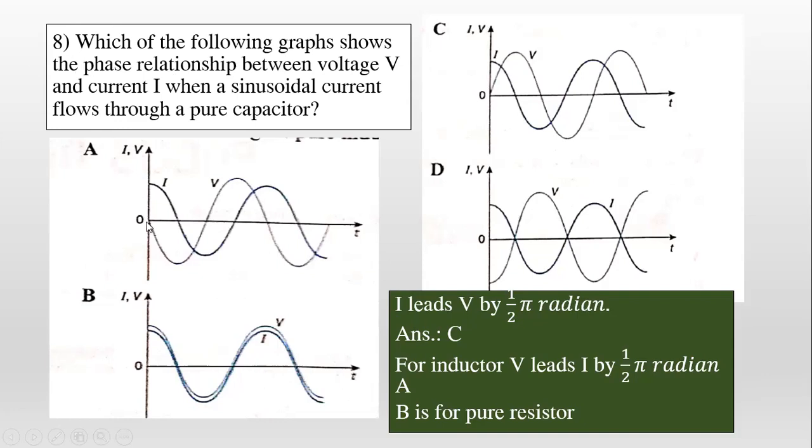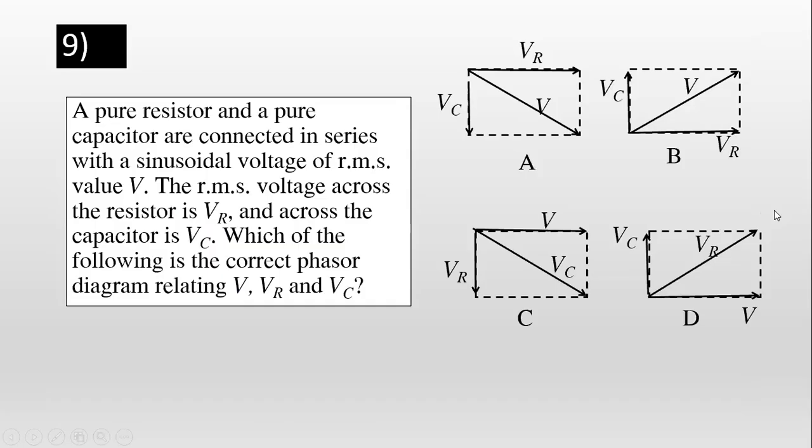Or look at the 0 point. This one is going down, this is going down. So look at the 0 point. This one, V comes first, then I. So V leads I. This one, look at the peak value. I comes first, then V. So this I leads V. This one is more than 90 degrees already. Right? This one, you're all right.